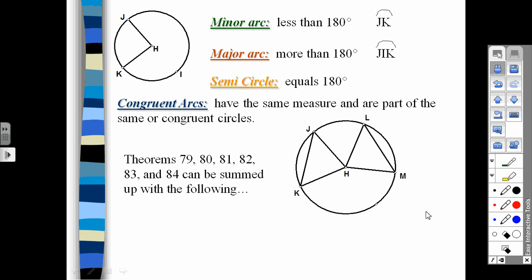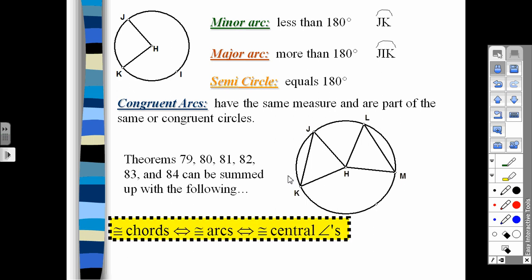But pretty much what they're talking about in these 6 theorems is the relationship between the central angles, the chords, and the arcs. And so what we can say is that if you know that you have congruent chords, then you can say your arcs are congruent, or you can say your central angles are congruent. Likewise, if you know the arcs are congruent, you can say that the chords are congruent, or you can say the central angles are congruent.